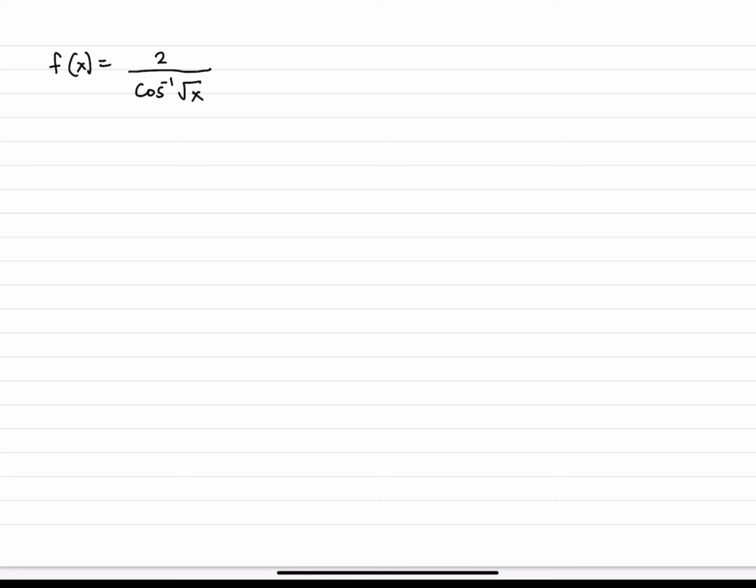So some of you have assigned this to be the u and this as the v. So taking the derivative separately, u is 2 and its derivative, of course, this is a constant, is 0. V, which is the denominator, is arc cosine of the square root of x.